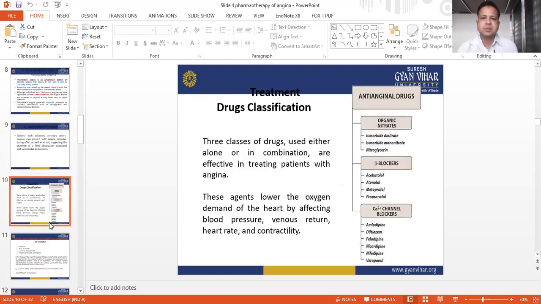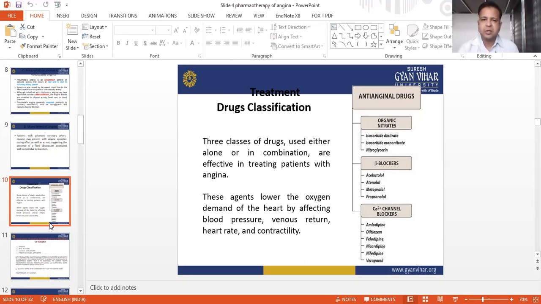Treatment drug classifications. Three classes of drugs used either alone or in combination are effective in treating patients with angina. These agents lower the oxygen demand of the heart by affecting blood pressure, venous return, heart rate, and contractility.